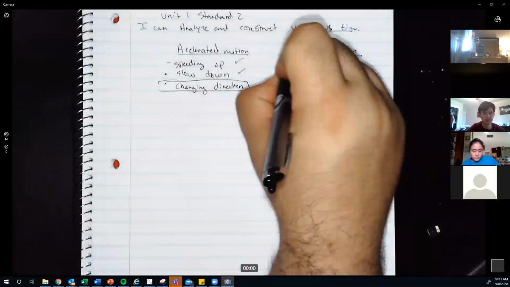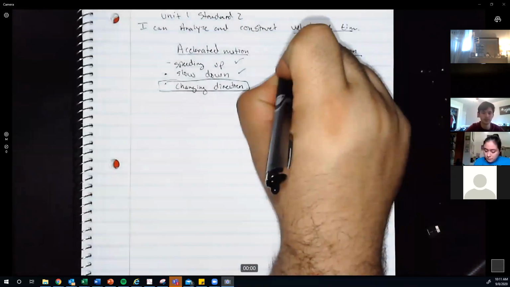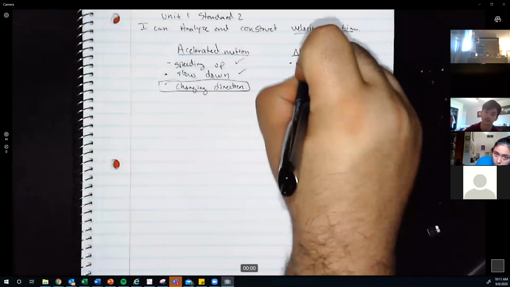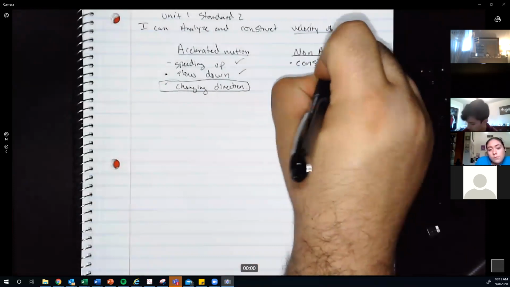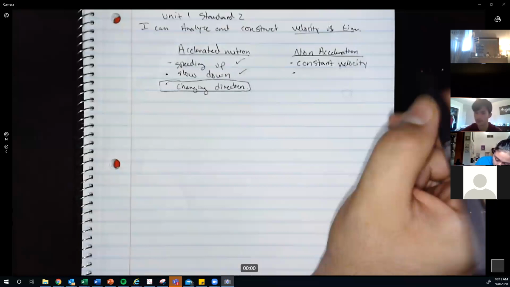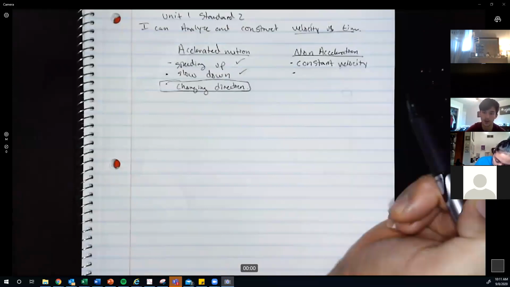Okay, non-accelerated motion, right? If you're not accelerating, you could be doing 2 things. What are the 2 things you could be doing? Constant velocity. Good. So you can be moving at a constant velocity, or you could be doing one more thing. What's the other thing you could be doing if you're not accelerating? Not moving.